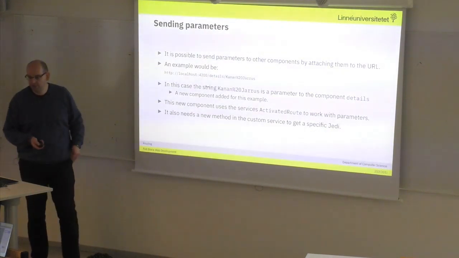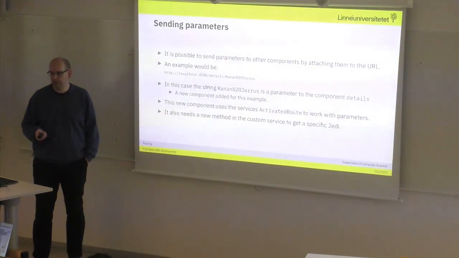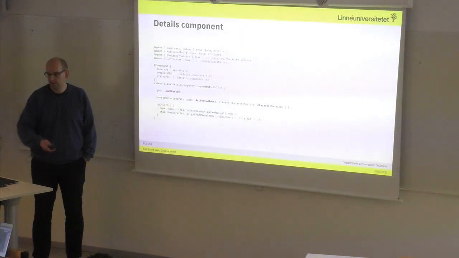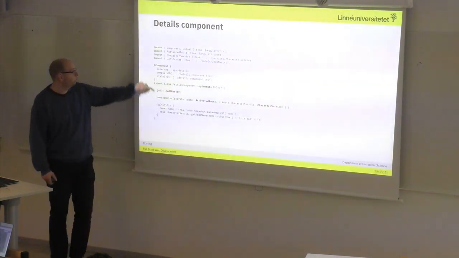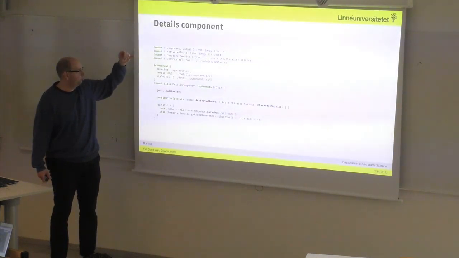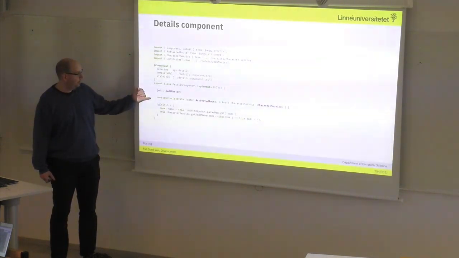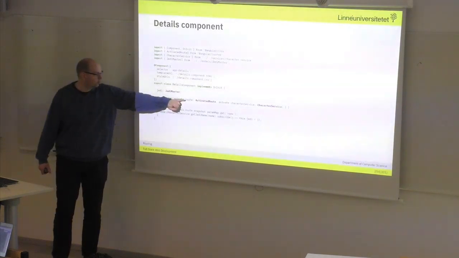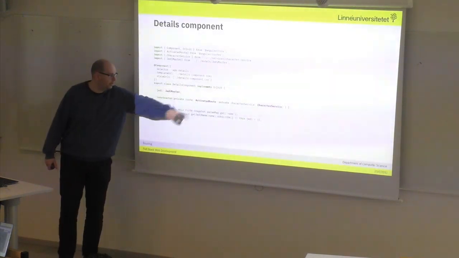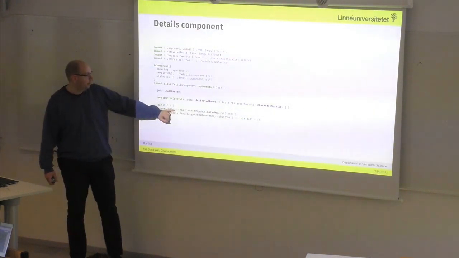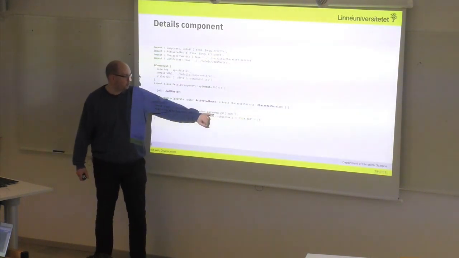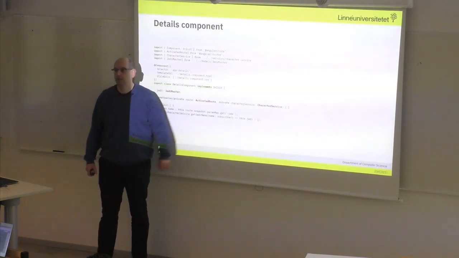And we use a service called ActivatedRoute for this to work. So this is our details component. We add ActivatedRoute, and in the constructor we create route, which is of this kind. And what we do here is that we want to get a snapshot of the parameter list and get name.